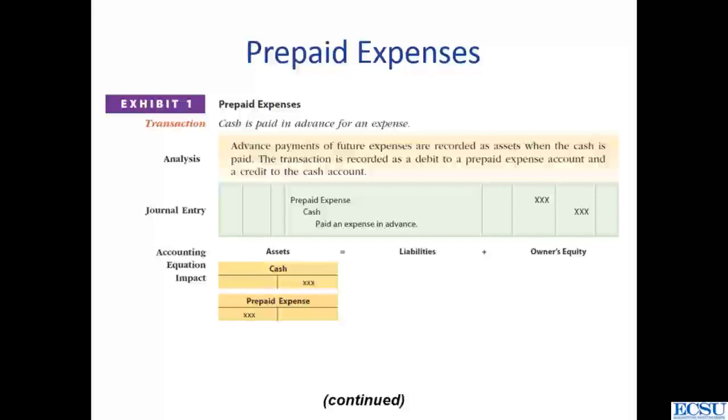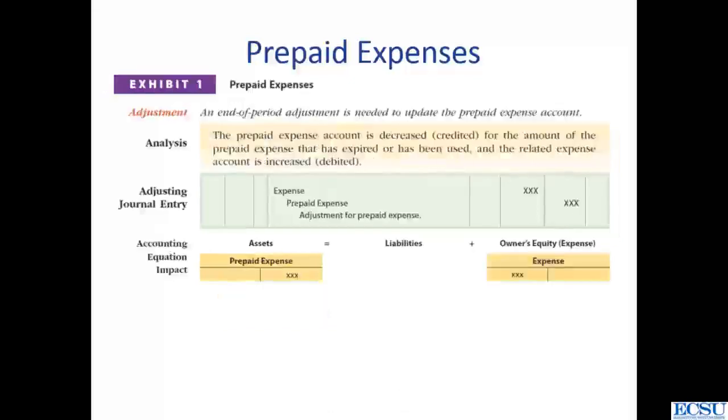That would be the general journal entry. When payments are made for future expenses, they are recorded as an asset, debited to a prepaid expense account, and of course credited to the cash account as I have paid.